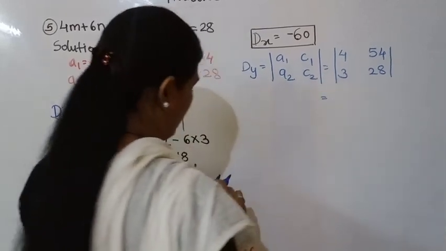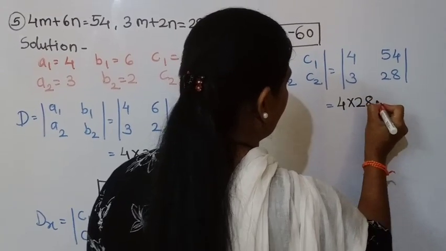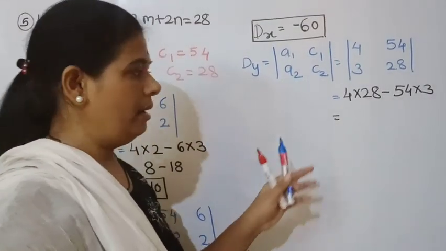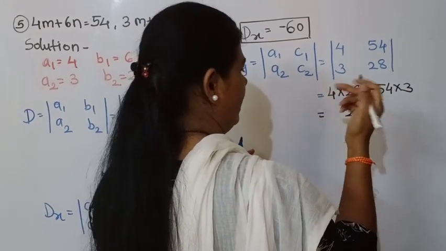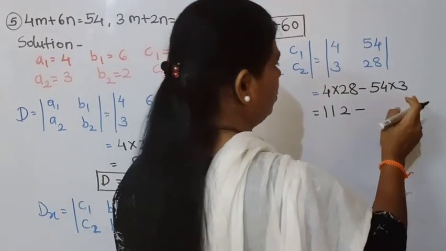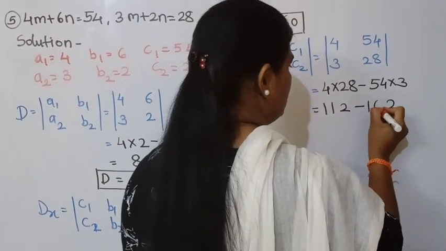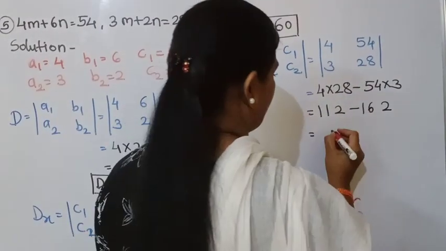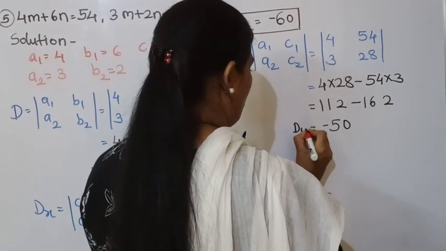We'll cross multiply now. 4 into 28 minus 54 into 3. 28 4s are: 4 8s are 32, 3 carry, and 4 2s are 8, 8 plus 3 is 11, so 112. Minus 54 into 3: 3 4s are 12, 1 carry, 3 5s are 15 plus 1 is 16. So that is 112 minus 162. After subtracting you will get the answer, that is minus 50. So this is the value of dy.